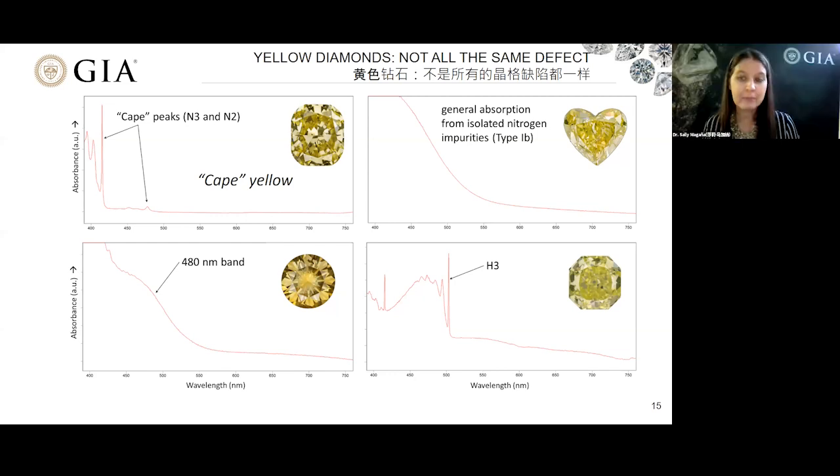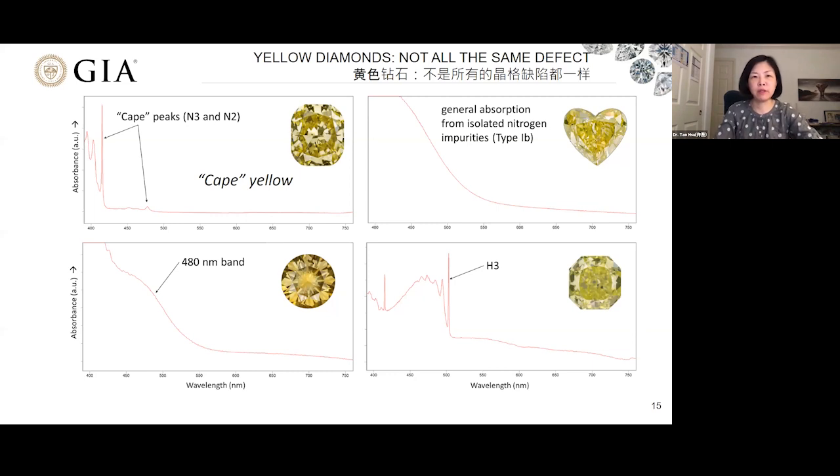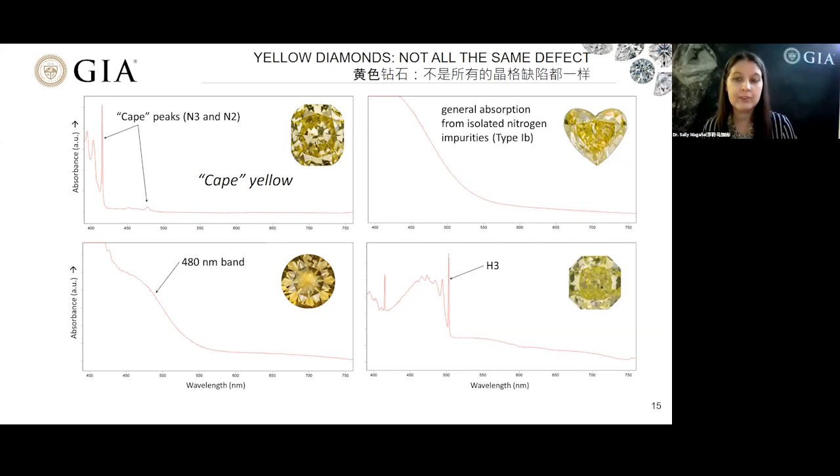The next most cause of color is the 480 nanometer band. We don't have a term to describe this cause of color. It's one of the current mysteries for diamond scientists, and we are researching it so we can describe it more fully. 左下方的是480纳米的吸收带造成的黄钻，主要吸收靠蓝区的光。这个吸收带是怎么形成的，我们不知道，对所有研究彩钻的人来说还是一个谜。Finally, we have diamonds that are colored by high amounts of H3.